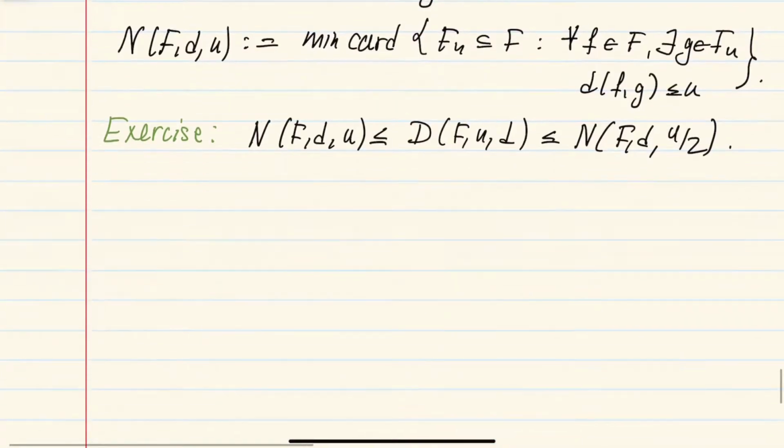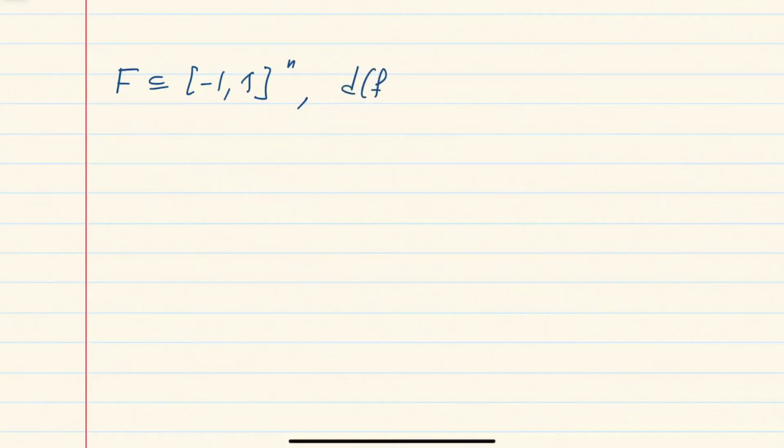Right, in our main result in this section, we'll be interested specifically in subsets of this cube in R^n, and the distance between vectors will be just the rescaled Euclidean distance.